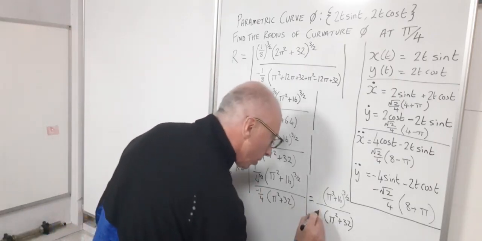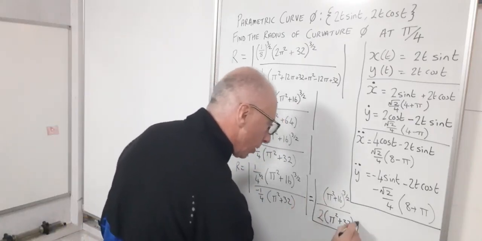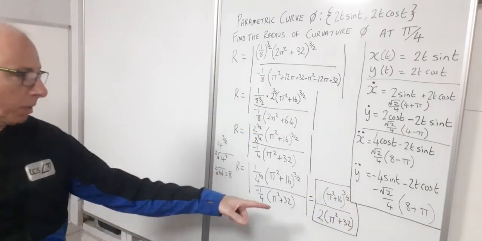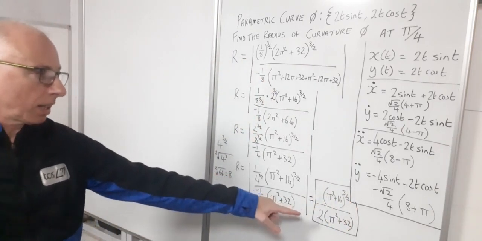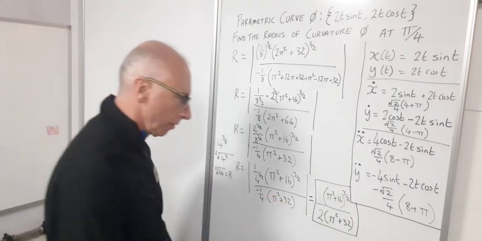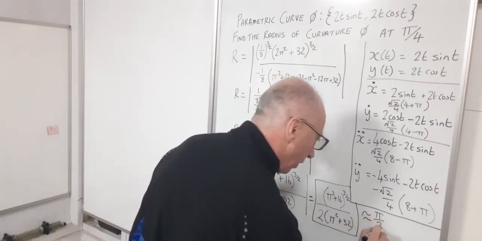Just make that into a proper 2 here. So my radius of curvature I'm going to declare as that, but that's not it finished. An estimate of that in my calculator is really, really close to pi over 2. Very much approximately.